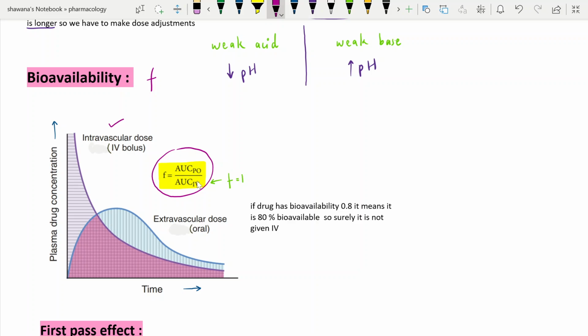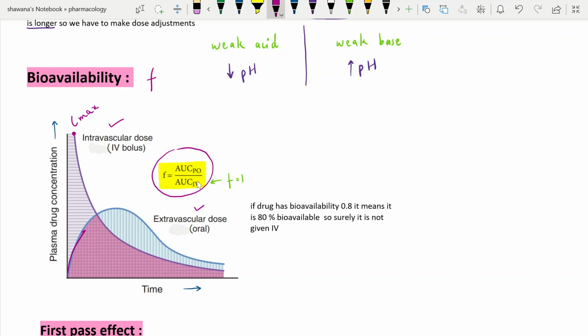When we take an intravascular dose, the plasma concentration at zero time or at very low time is maximum because it is already absorbed. We cannot use the term absorbed in the IV case because it does not involve two compartments, right? But anyway, in intravascular dose, the plasma concentration is at C max at a particular time, and in the extravascular dose, the drug starts to appear gradually in the plasma.